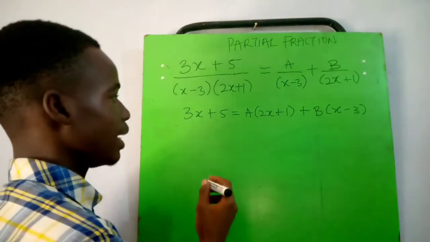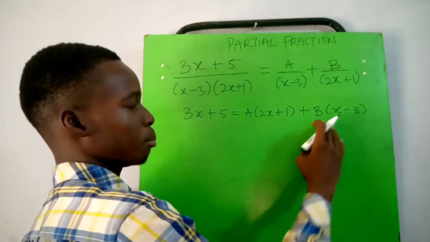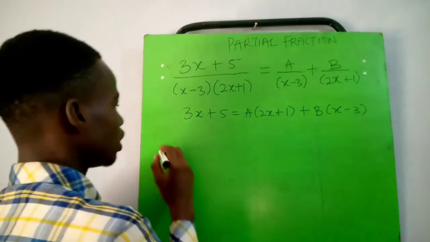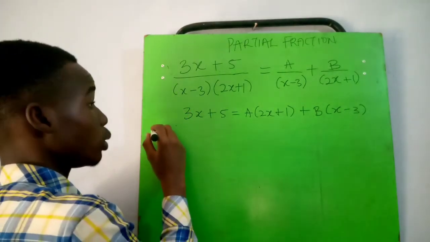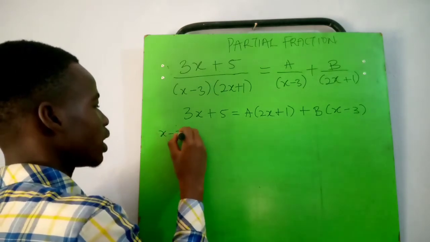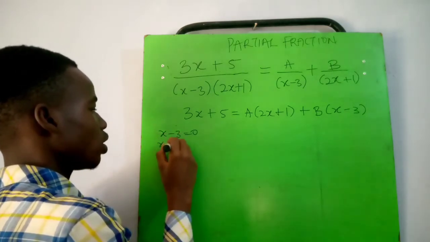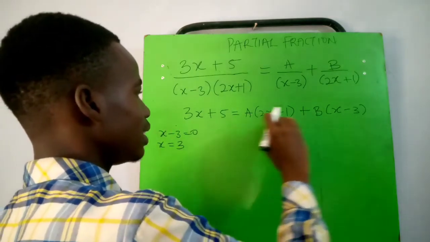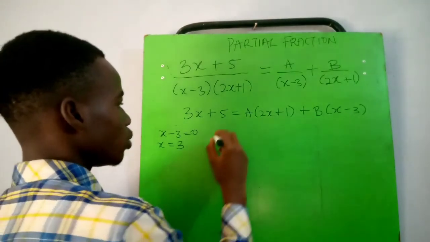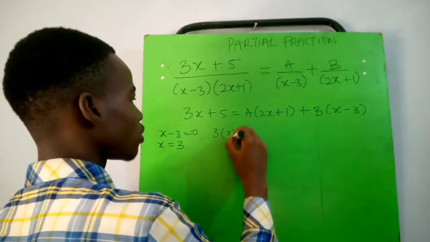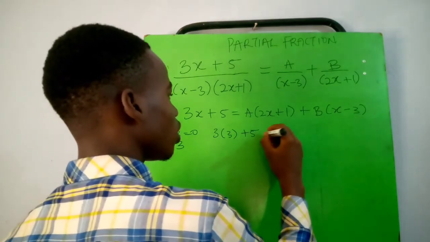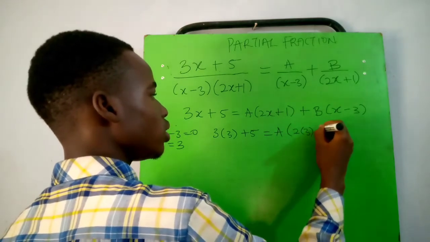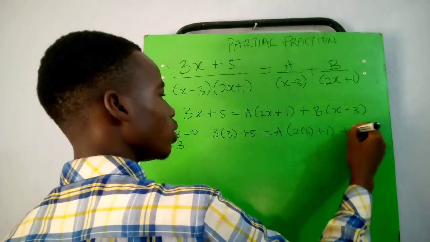So how do we get A? To get A, we'll move over here and try to see how we can make this 0. Like we did for B, we equate what is in the bracket to 0. So x equal to, when minus 3 moves over, it becomes plus 3. So we'll substitute x in this equation with 3. We now have 3(3) plus 5 equal to A(2(3) plus 1) plus B(...).